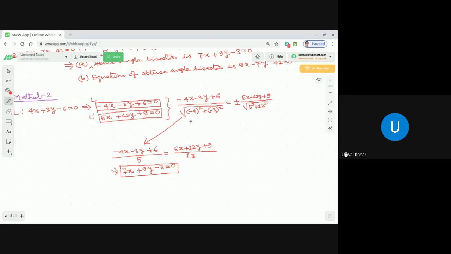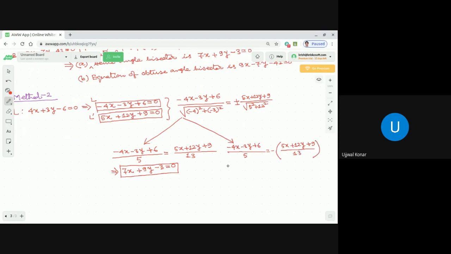Okay, and another bisector we'll get by considering the negative sign, that is minus 4x minus 3y plus 6 divided by 5 is equal to minus of 5x plus 12y plus 9 divided by 13.